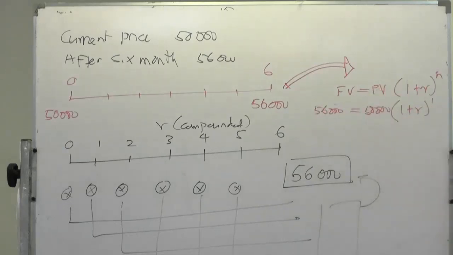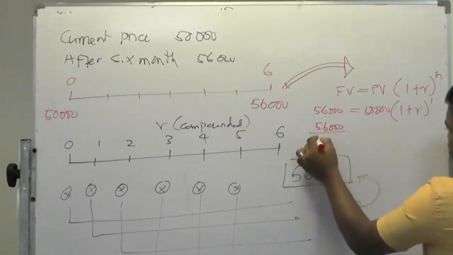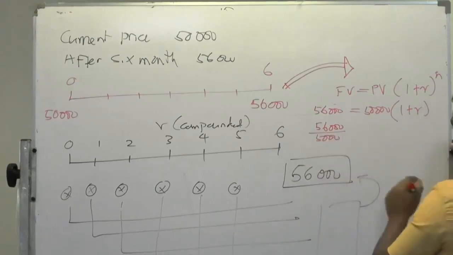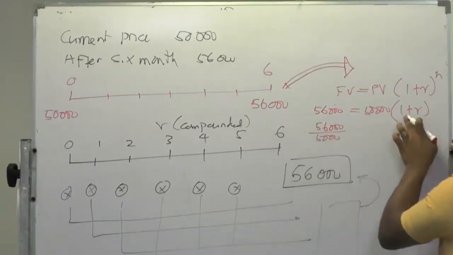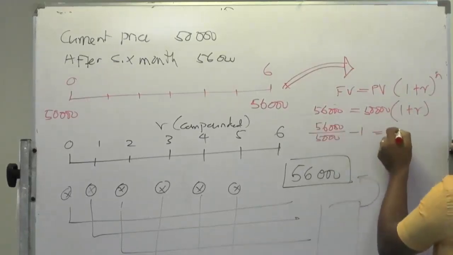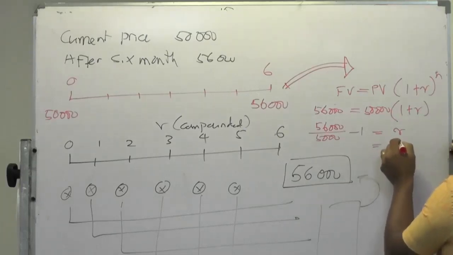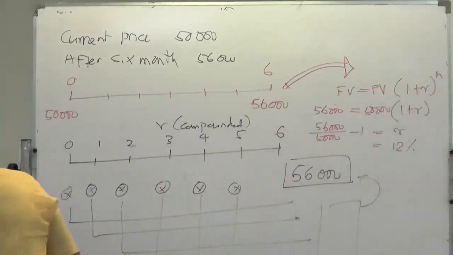To calculate, divide 56,000 by 50,000. Power 1 means no power here, so no square root. You can take 1 to the other side, minus 1 is r, therefore r equals 12% I think. Let's see, r equals 12%.